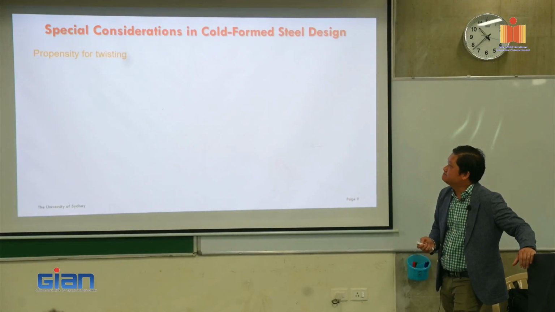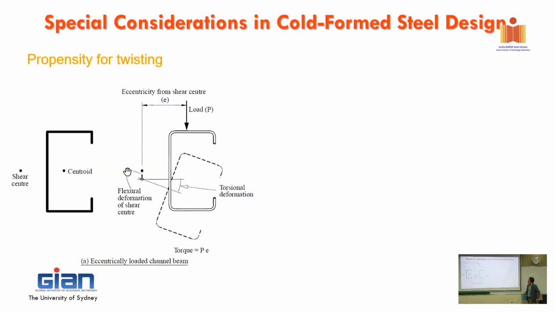Right. So now another problem is because of the cold form process. We make it out of a strip and then you fold it into whatever section. So normally that is an open section. You make it a C section or Z section or other. It's hardly, not like hot rolled steel, right?